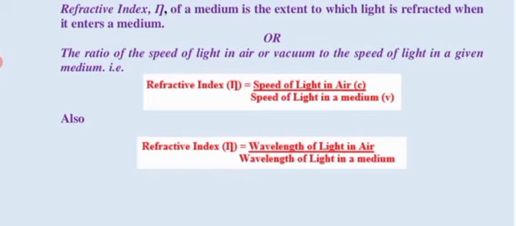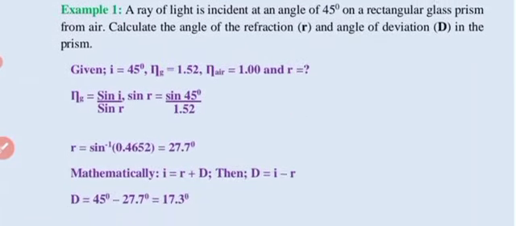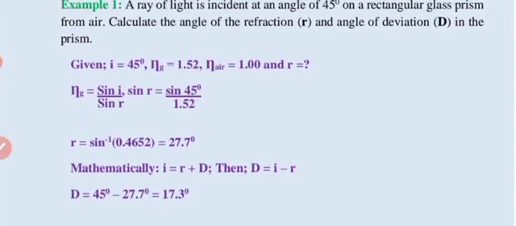Okay, moving away from that, let's quickly consider some examples and use all this explanation in solving problems. Now, the first question says, a ray of light is incident at an angle of 45 degrees on a rectangular glass prism. From here we have to calculate the angle of refraction and the angle of deviation D in the prism.